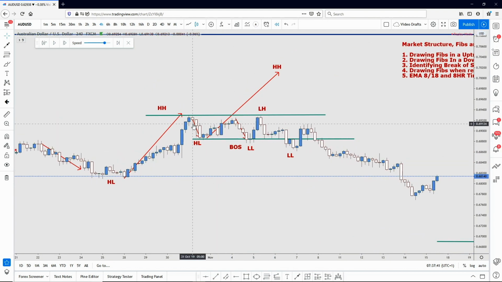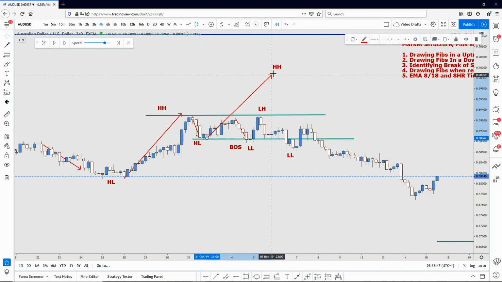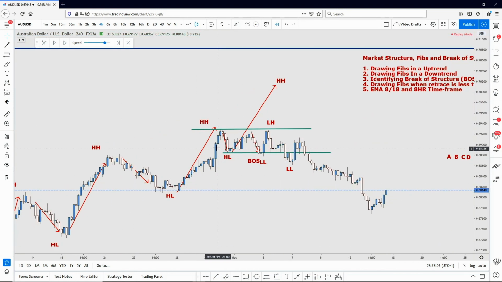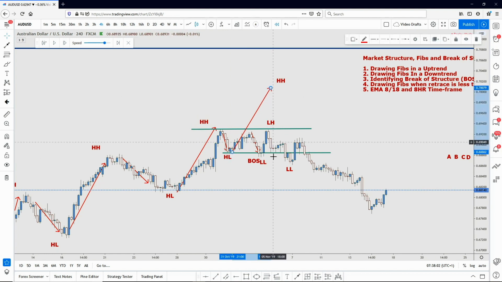So if you see here, we made a higher low, and I drew a vertical line right here, and we were expecting a higher high to form, because previously we were making higher high, higher low, higher high, higher low, and we're expecting it to continue making a higher low, higher high, until we see something change.